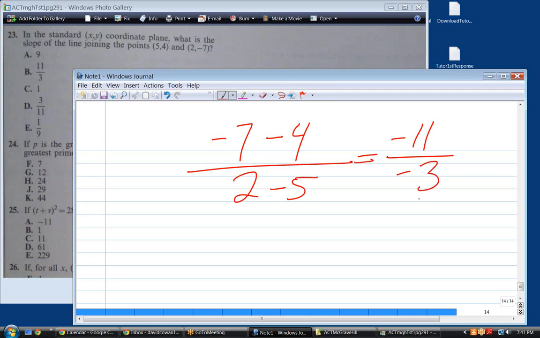So what's the answer? Wait. Negative divided by a negative is a positive. So that's the same as 11 thirds. That'd be B. Yes. Okay.